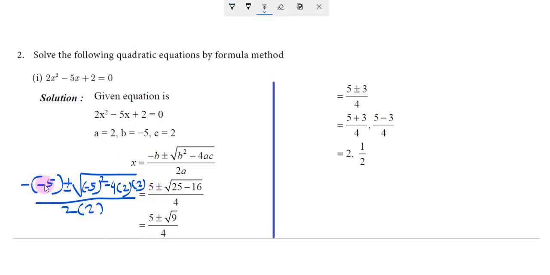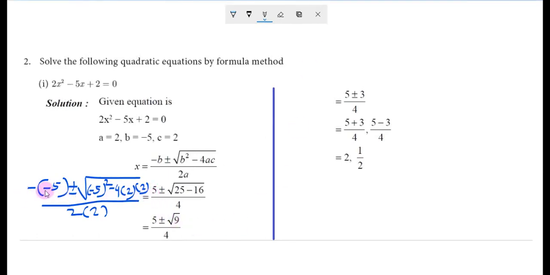Minus into minus is plus, so plus 5 plus or minus root of minus 5 square means when you take the square, minus will be plus, 5 square value 25. So minus 4, 4 2s are 8, 8 2s are 16, so minus 16, whole divided by 2, 2 2s are 4. Understood?